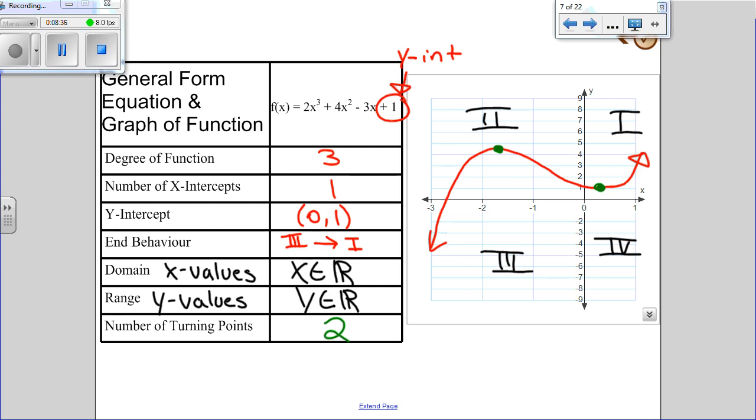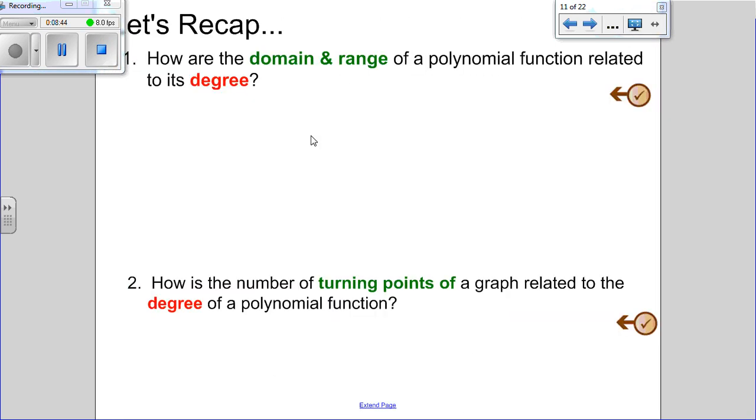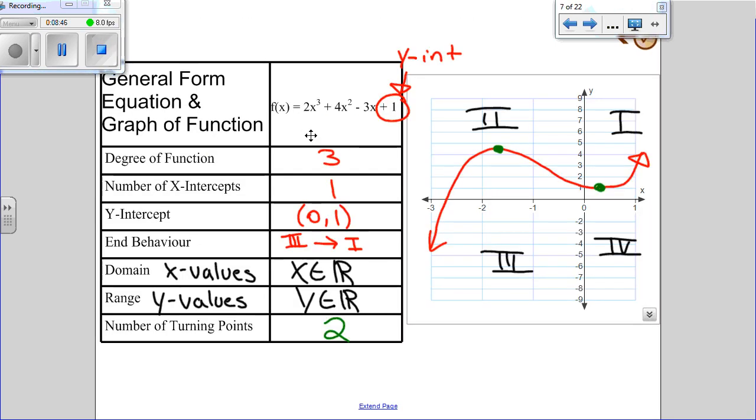All right, the other thing that we want to talk about now that we've seen a cubic function, we're going to stay on that graph for a second. These turning points, we talked a little bit about it yesterday, how I said that the turning point is a vertex when we're talking about our quadratics. Well, now we don't really have a vertex because this thing could go up forever and it could go down forever.